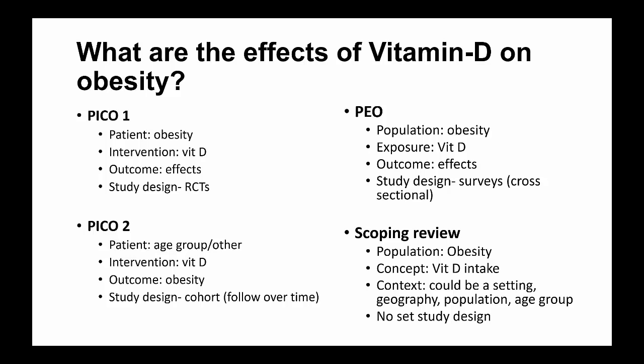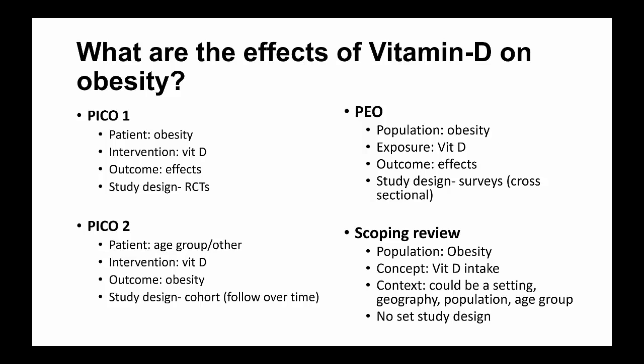Maybe it's a survey of a certain group, and you want to see how much they are taking vitamin D supplements. Your study design there might be surveys. So here I was just trying to take one question and show how, with a framework, you could do a lot of different things.